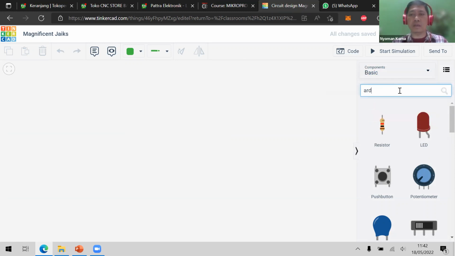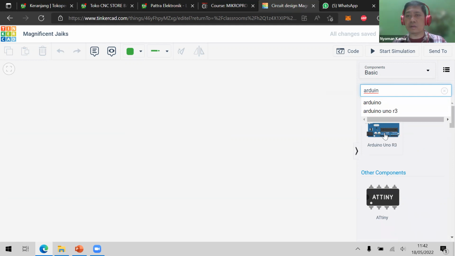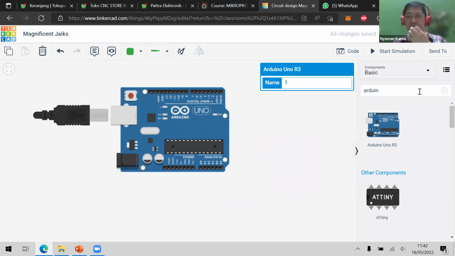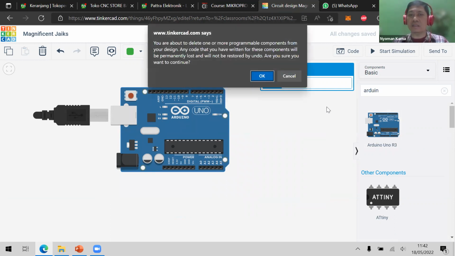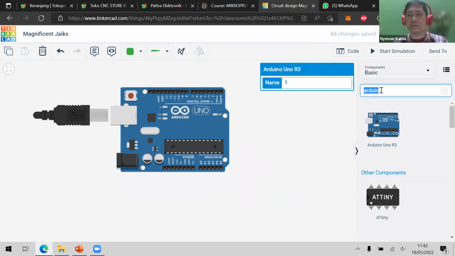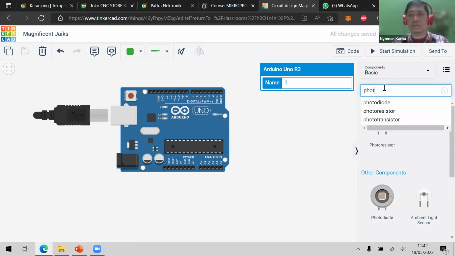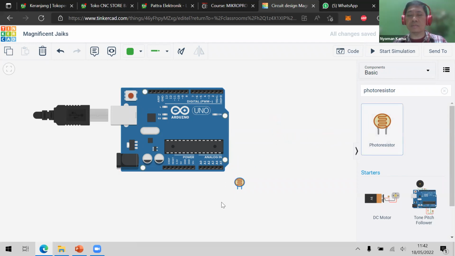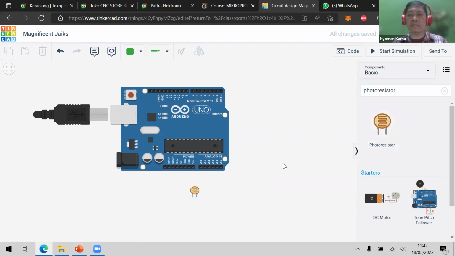I need the Arduino. This is our Arduino. And then I'm going to need the sensor, the photoresistor.